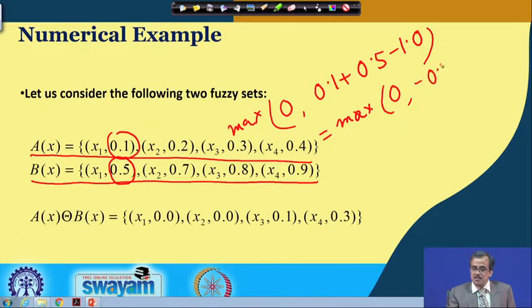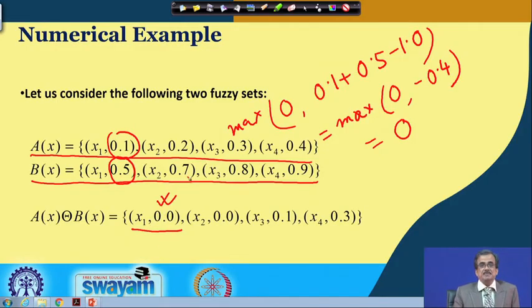So, it is your minus 0.4, and the maximum between 0 and minus 0.4 is nothing but 0. So, corresponding to this particular x1, I will have to write down 0.0.